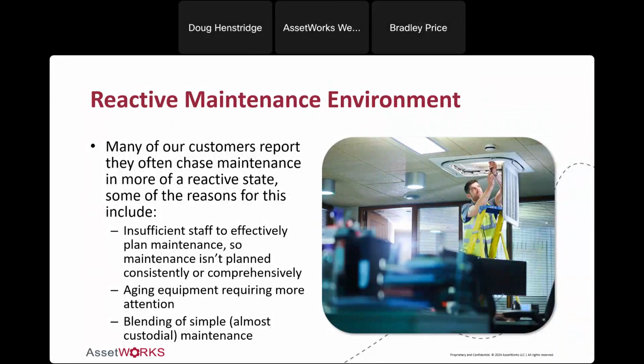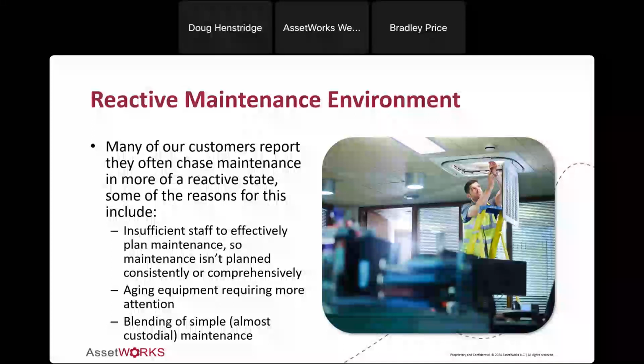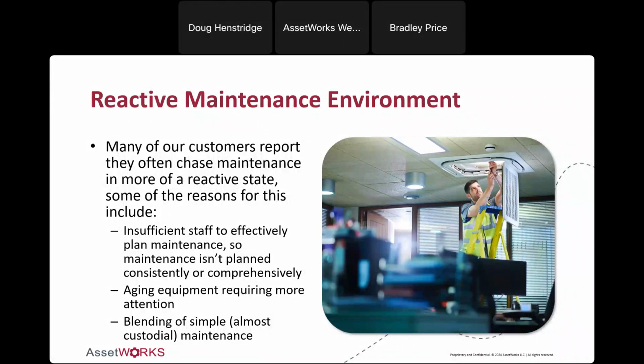So we run into that a lot, and one of the things we also see is that routine maintenance especially is not always consistently or comprehensively planned. Meaning, we rely on a schedule triggering or a notification coming up to say, hey, it's time to do these PMs this week or this month. But now it's Monday, they're due this week, but do we have the bandwidth to do them?